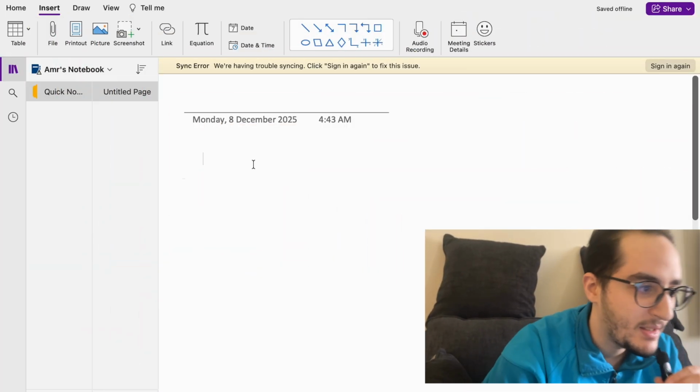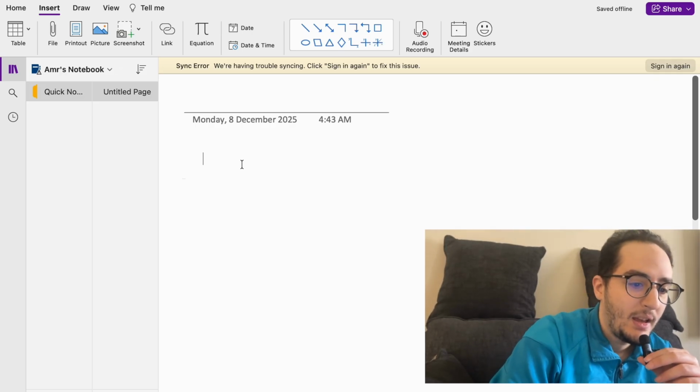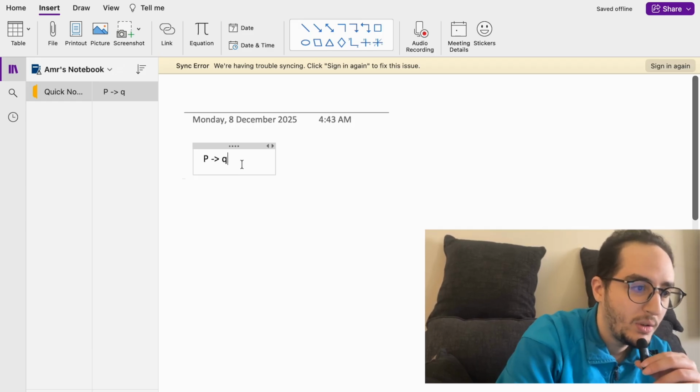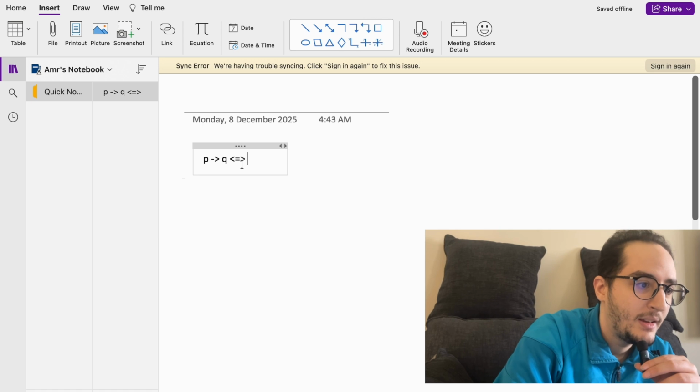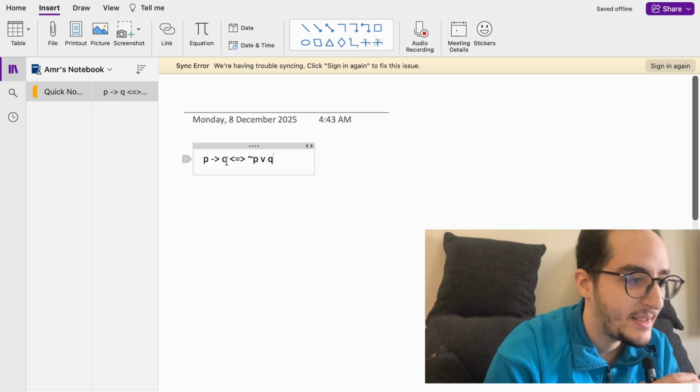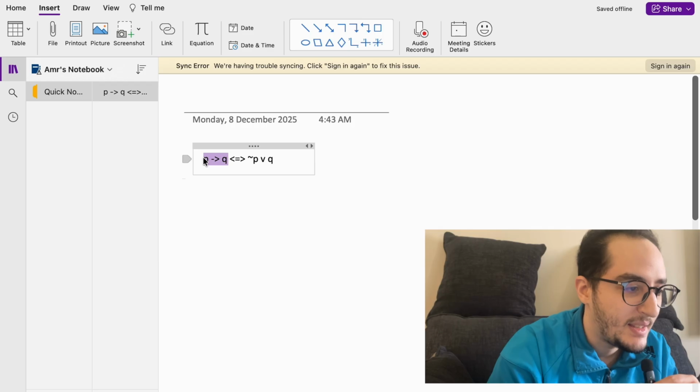So basically, as you can see the screen in front of you, the implication rule is saying that if you have P implies Q, this is equivalent to not P or Q. So what does this mean? This means that this statement right here, if P then Q, is equivalent to not P or Q.